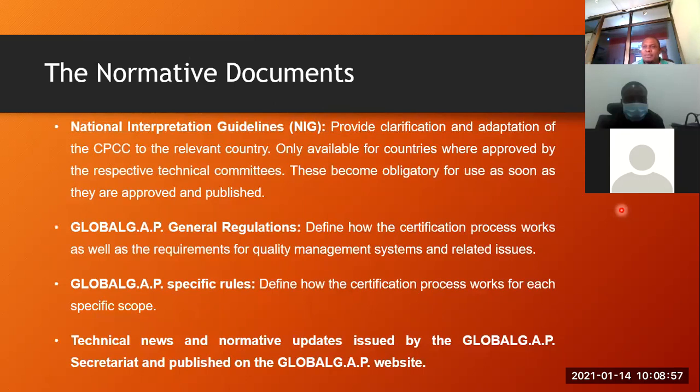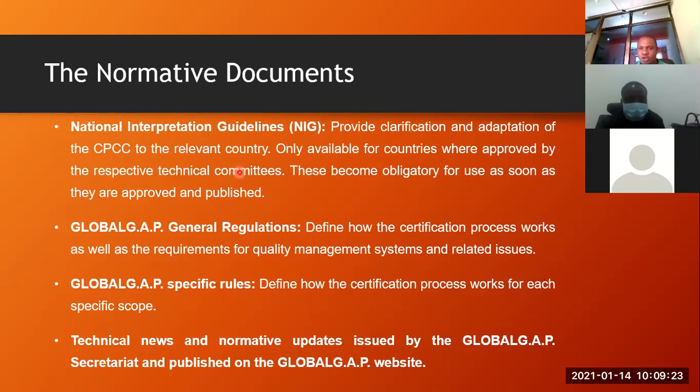So things that can be done given the situation of Ghana have been taken care of in the national interpretation guidelines. A company in Ghana may decide not to use the general standard, but they can use only what has been accepted in the national interpretation guidelines.